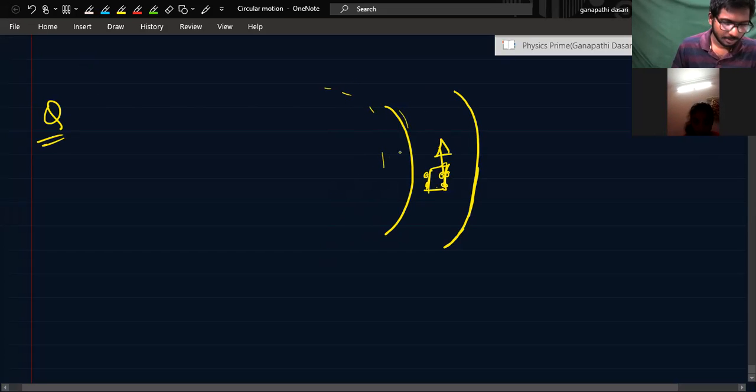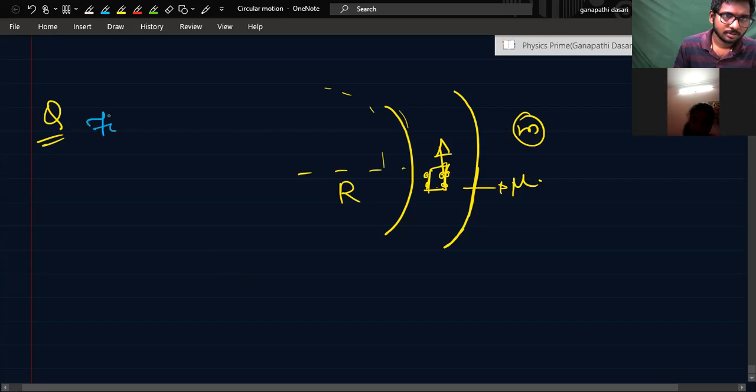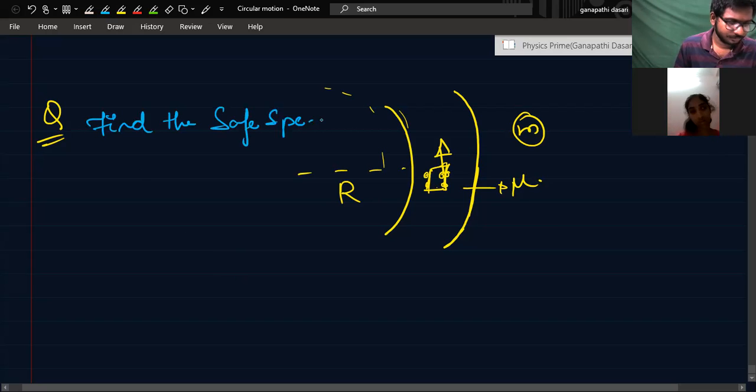The car's mass is m, the coefficient of friction between the tires and the road is mu, and the radius of curvature is r. The question is, find the safe speed for the turn.